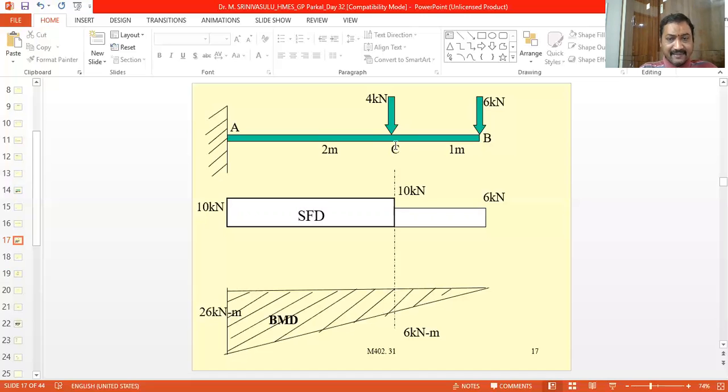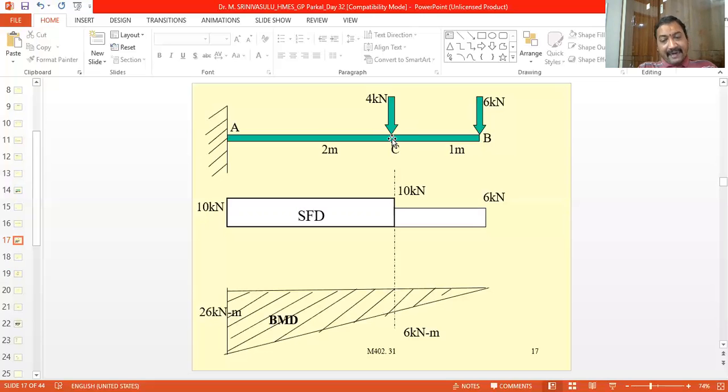Now coming to the sign convention. If this is a section, we can fix the beam at the section point. If you fix it here, this 6 kN force tends to produce a clockwise moment to the right of the section. So what is the sign for that?